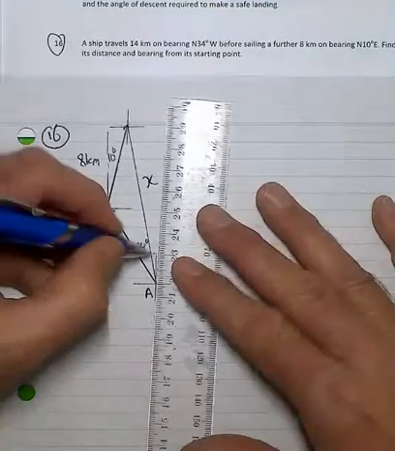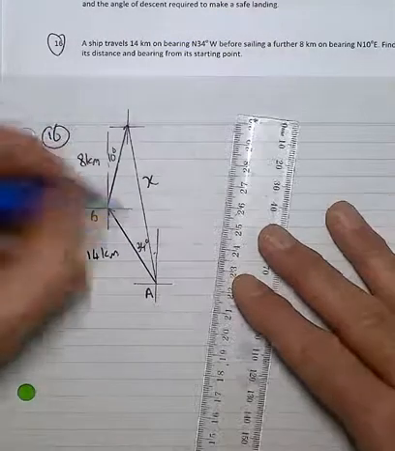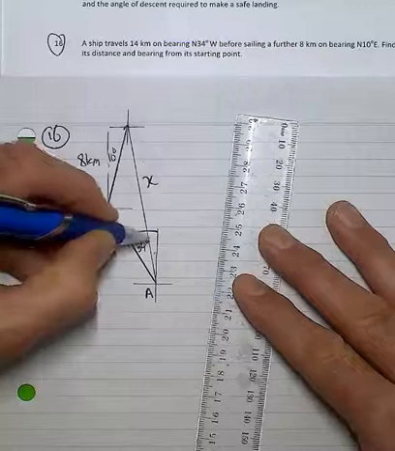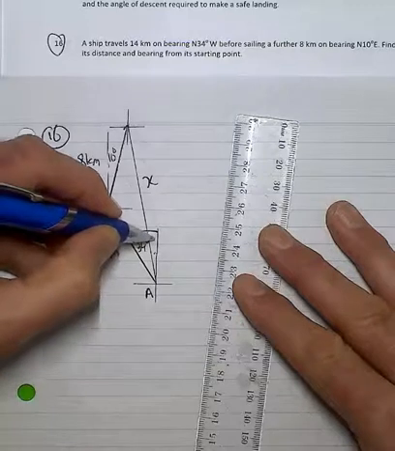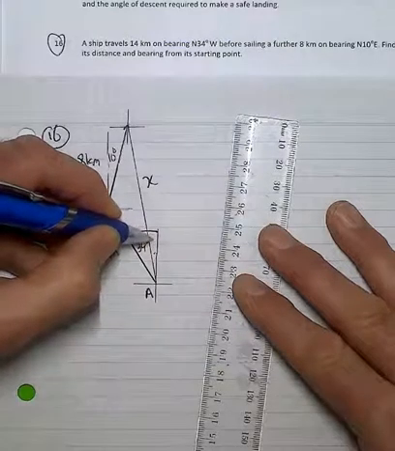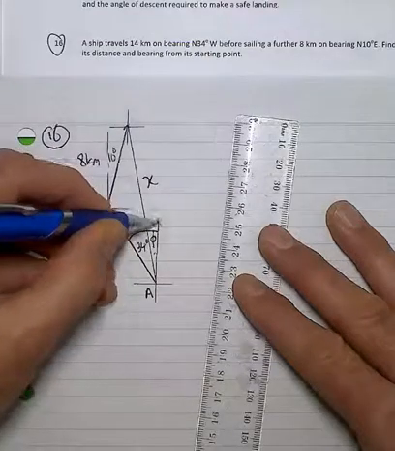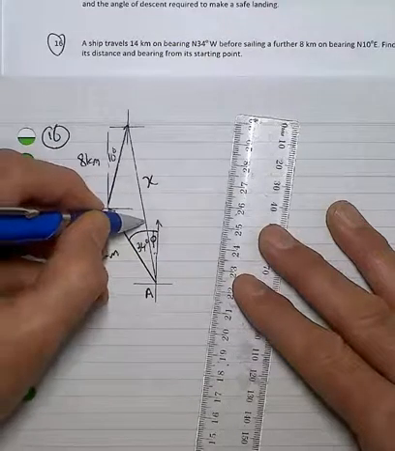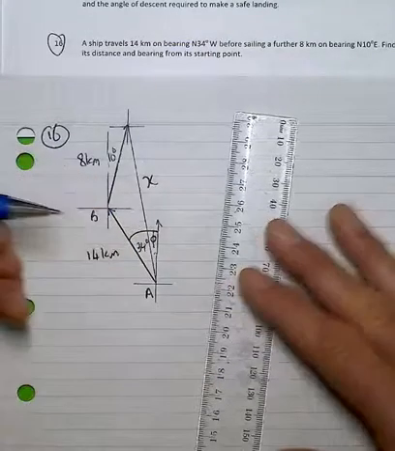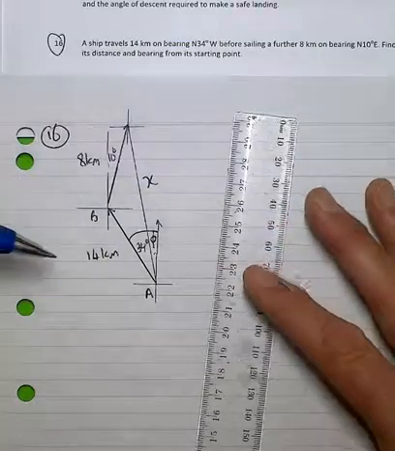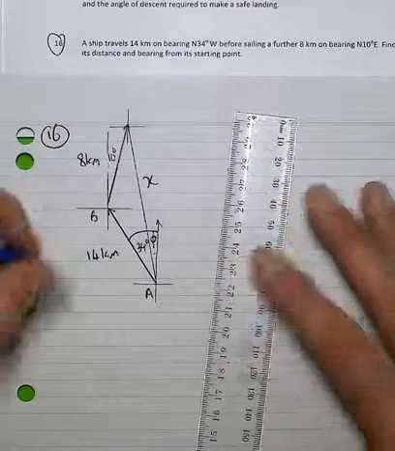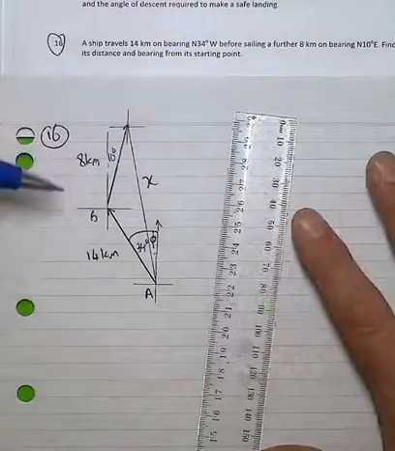Now the bearing, look carefully, is not 34 degrees, but it'll be this little angle, which I'll call phi. The difference between north and the line there, it'll be less than 34 degrees. I'm just going to draw this again in a moment, but I need to put in some information.